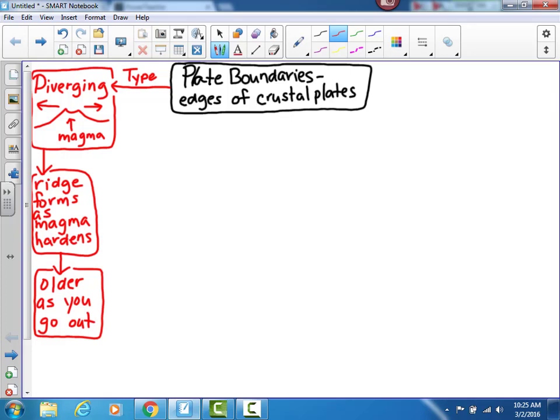Let's put a few examples of where these types of boundaries occur. The Mid-Atlantic Ridge is an example of a diverging boundary.